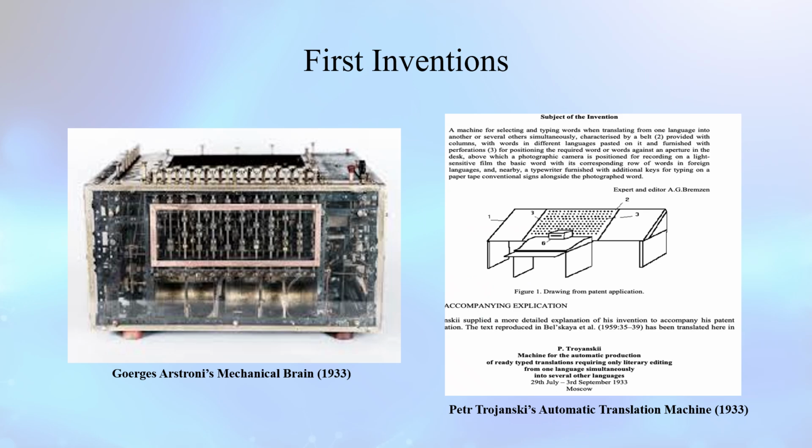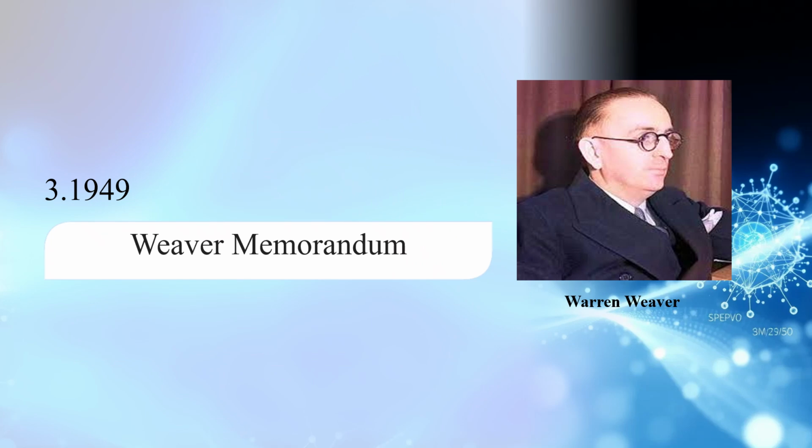Later, during the Second World War, Alan Turing's work on computation and cryptography provided the theoretical foundation for using machines to process language. These early efforts show that the idea of machine translation came before the invention of digital computers.